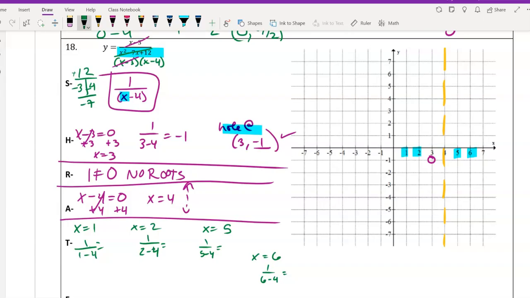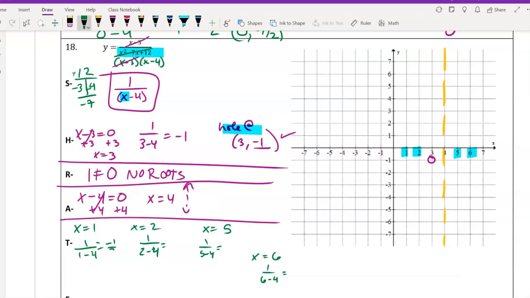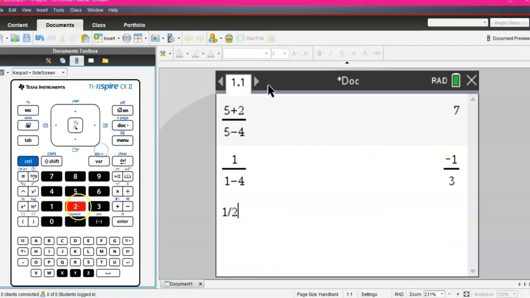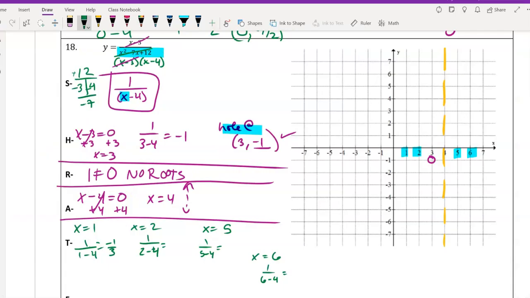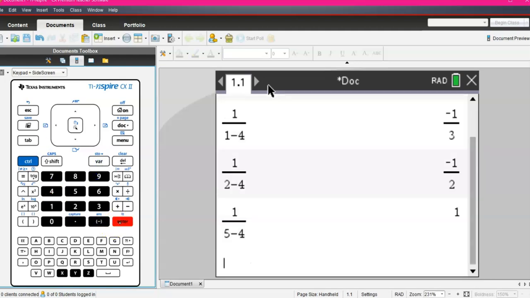Let's put these in the calculator. 1 over 1 minus 4 is -1/3. Okay, 1 over 2 minus 4 is -1/2. 1 over 5 minus 4 is 1.